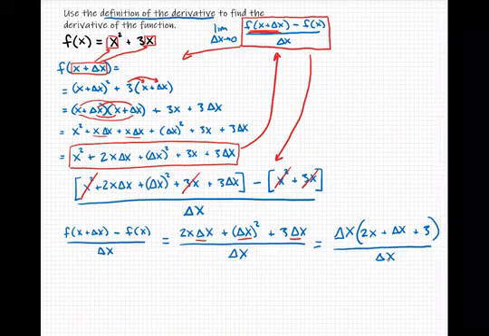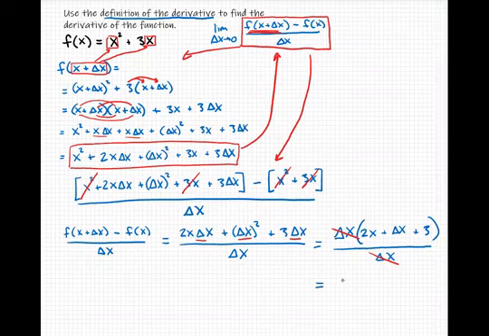Now, this is what we want to do. We want to evaluate the limit involved in the definition of the derivative. We need to eliminate the delta x as a factor in the denominator, because if we're going to plug in 0, we know we can't have 0 on the bottom of a fraction. So this delta x on top and this delta x on the bottom will cancel.